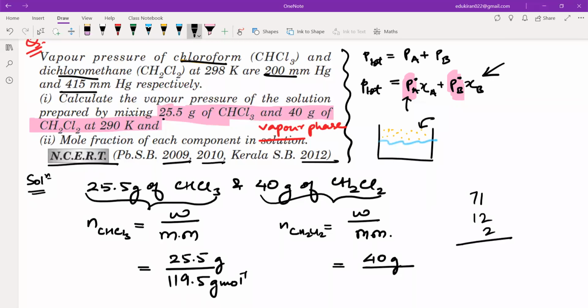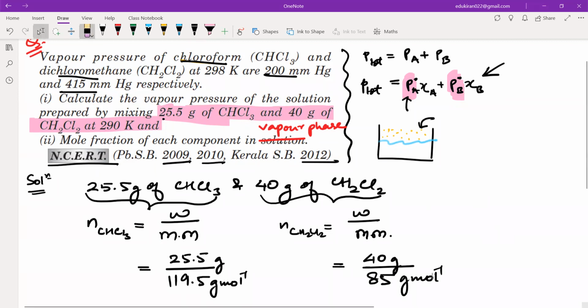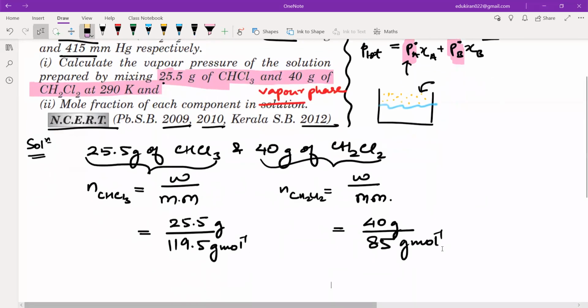So this will be equal to 85, right? Correct? Yes, sir. 85 grams per mole. So you need to calculate the values for both of them. Grams and grams will cancel out each other, and you will get the answer in moles.